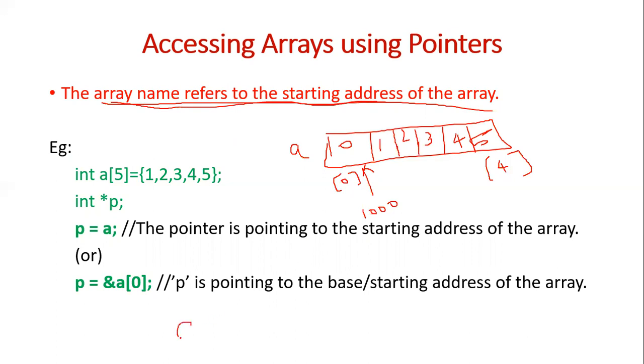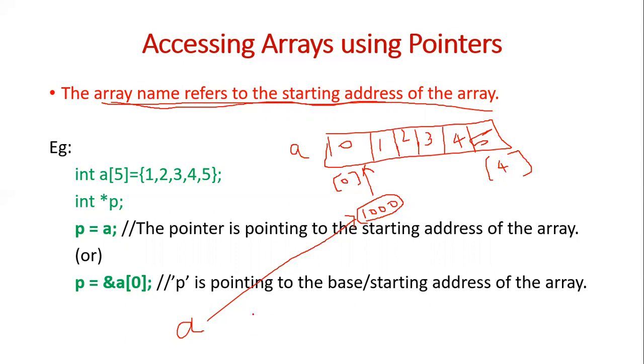So the moment you say A, where A is the name of the array, it will refer to the address 1000. Because A refers to the entire array, and it refers to the entire array's starting address. So just A will give you the starting address of the array, which is 1000. This is one way to access the starting address, or the base address, of the array.